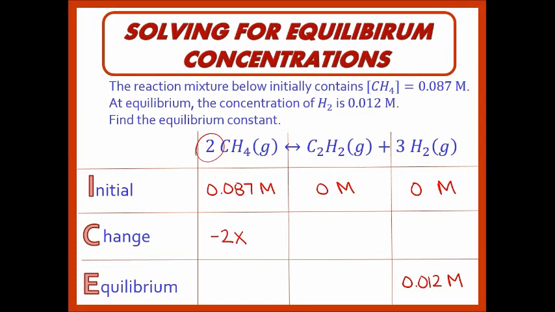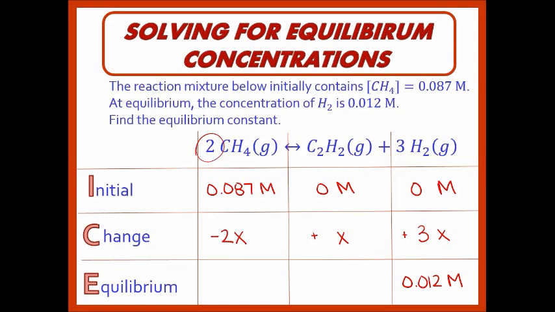For our products, we're going to be forming products, so we're going to be adding some factor of x. For C2H2, it has a coefficient of 1, so it's technically adding 1x here. And for H2, we have a coefficient of 3, so we're going to be adding 3x. So now we have an expression that designates the equilibrium concentration of all the components in the reaction mixture.